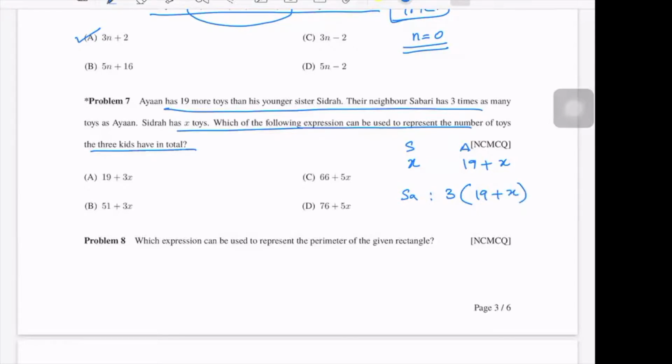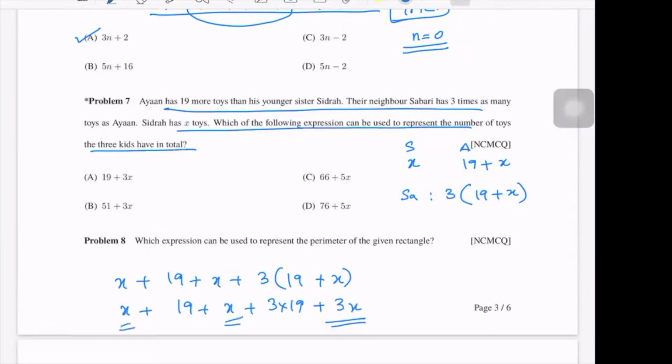Adding all these: X plus (19 plus X) plus 3 into (19 plus X). So this is X plus 19 plus X plus 3 into 19 plus 3X. We have 3X, X and X, so that is 5X plus 3 into 19 plus 19, which is 4 into 19. 4 into 19 is 76. So it is 5X plus 76.